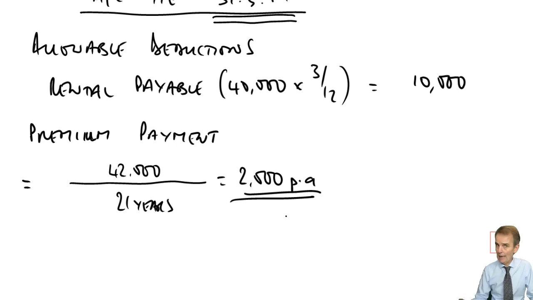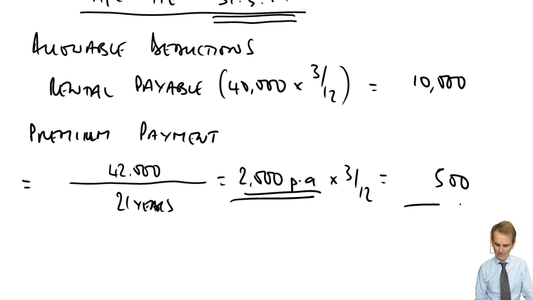And in each full accounting period through which the lease runs, on top of any rental payable, you'll get another £2,000 as an allowable deduction against the profits of that period for taxation. But just as we've seen with the rent, there's only 3 months worth of this lease period falling within this accounting period. So that will be times 3/12. 3/12 of that annual figure of 2,000 is 500.